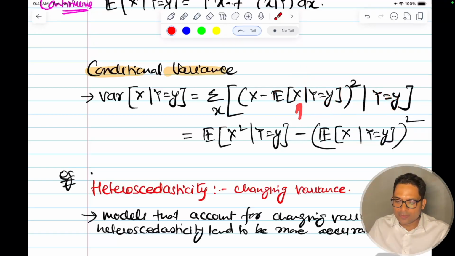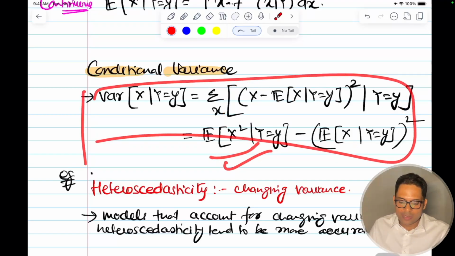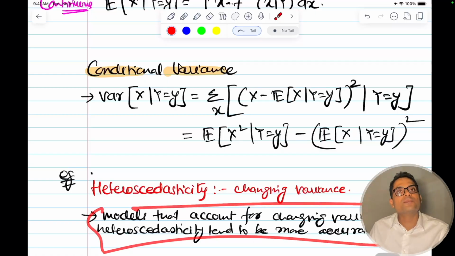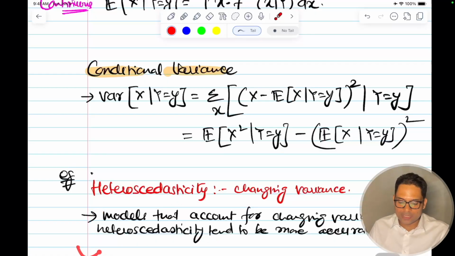So given that, we computed the square of the distance from the mean, and that gave me the expectation, that gave me the conditional variance. We saw the formula for that, and then we discussed heteroscedasticity, which is changing variance. And then we saw where we will use this, during linear regression. That's the application.